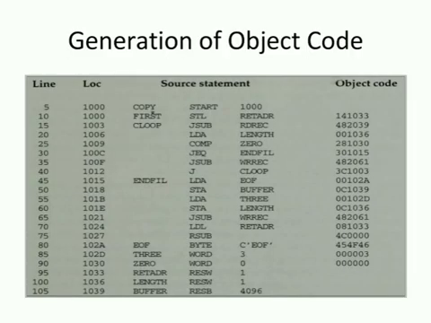Next, you can see at line number 105, RESB 4096. We need to reserve some bytes of memory, for example for an uninitialized variable, that is 4096. Now, that 4096 is a decimal number, and it should be converted into a hexadecimal number.